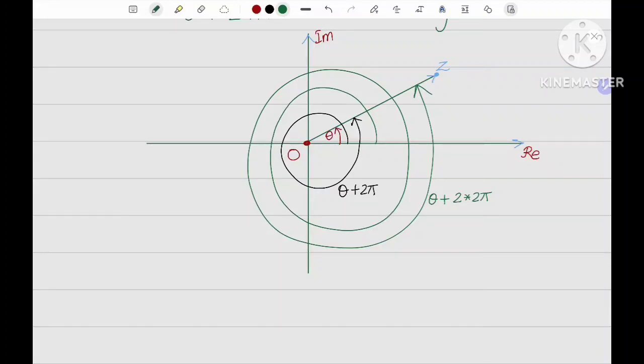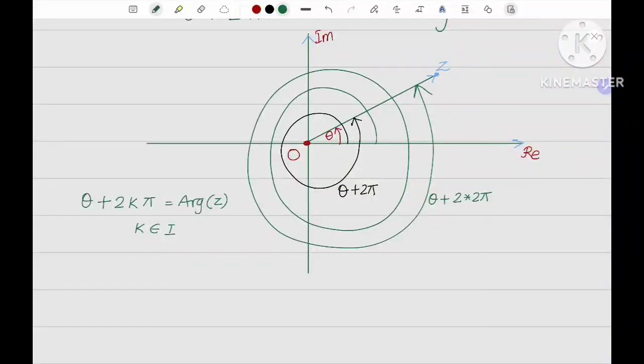So in general, if the argument is theta, then theta plus 2k pi becomes the argument, where k is an integer. It can be a positive integer or a negative integer. Positive integer means I am traversing in counterclockwise direction, and negative integer means I am traversing in clockwise direction, but I am still reaching the same line.